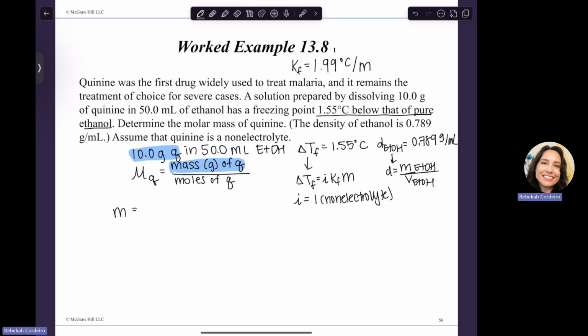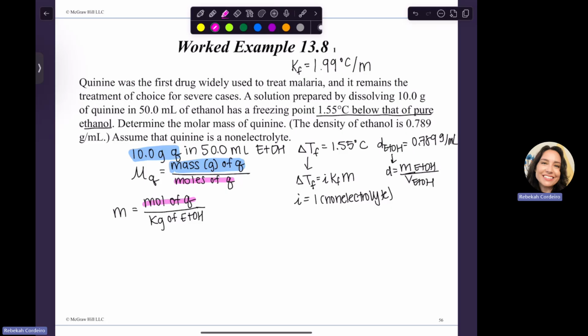So molality is going to be equal to moles of quinine over kilograms of the ethanol, because that's my solvent. Oh, look. If I can find the molality, that gives me moles of quinine, right? So just by writing out, what do I have?